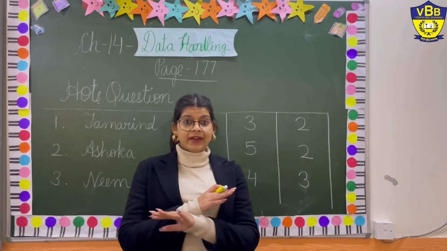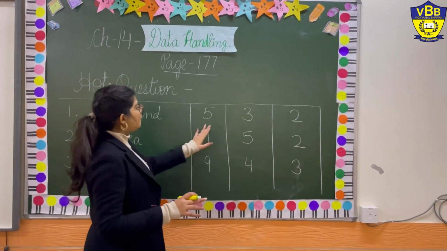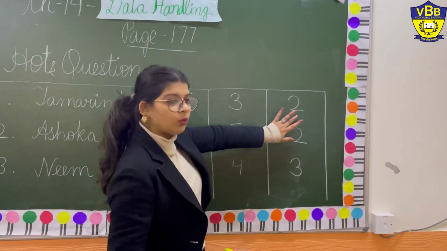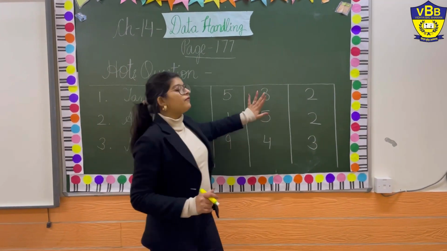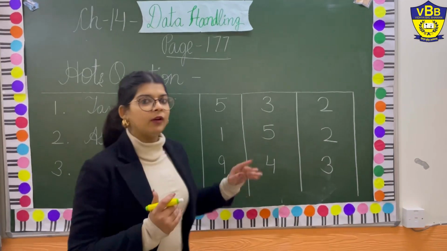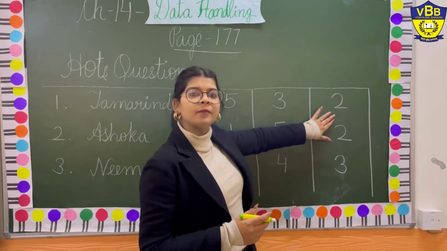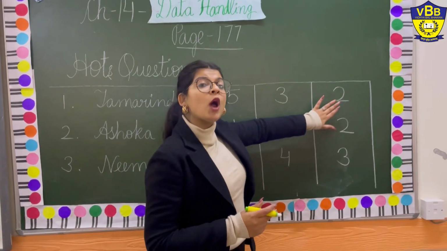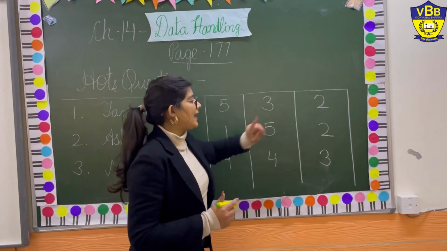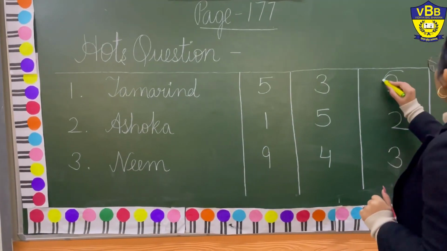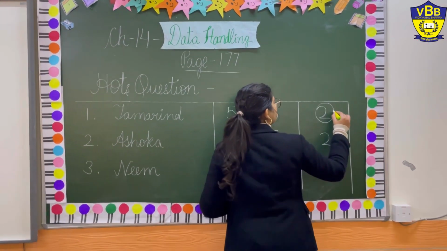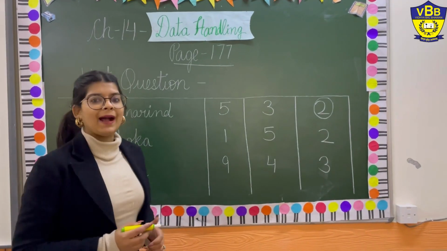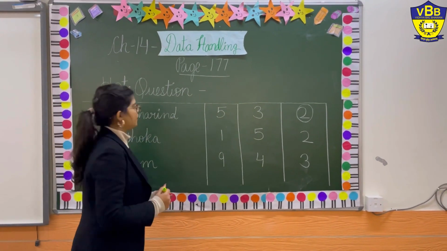That means they were very few. So among the numbers 5, 3 and 2 given in your book, which is the smallest number? Yes, 2. So you need to circle 2. That means there are 2 termite trees in the park, the least in the park.